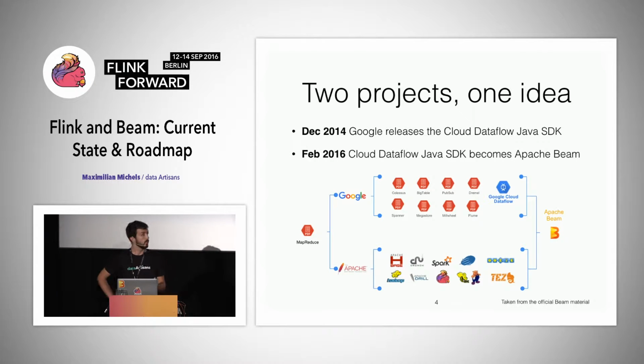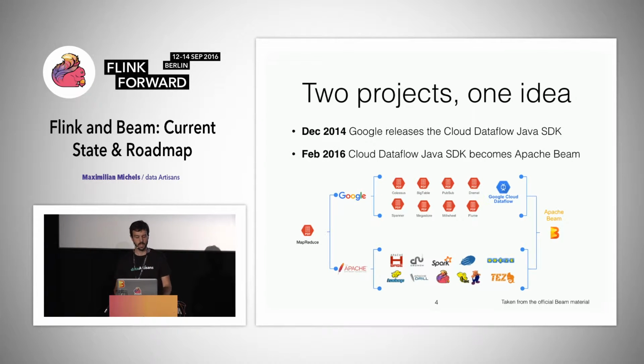And what is the underlying idea of Beam? We have all these big data publications at Google, starting with MapReduce and then a bunch of other systems, most prominently, at least for us as the Flink community, MillWheel and Flume. And we have this awesome service, Google Cloud Dataflow.